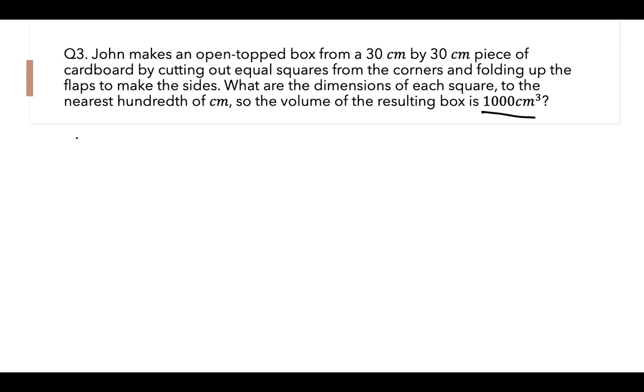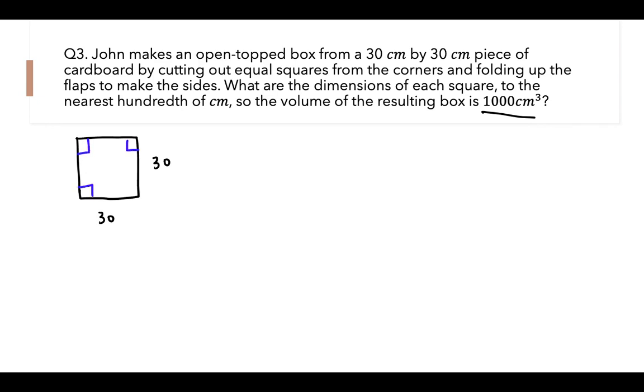Okay, so let's see. We have a flat box over here, and he's going to make an open-top box. Okay, and it's 30 by 30, so this is 30, and this is 30. And he's going to cut out the squares at the corners.